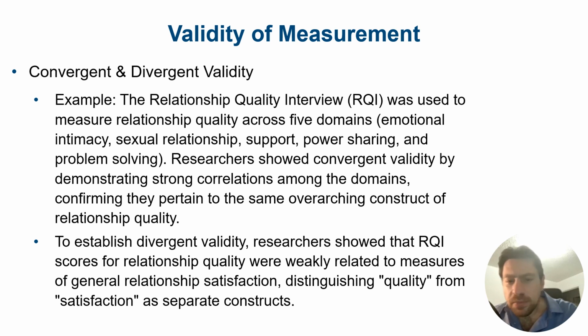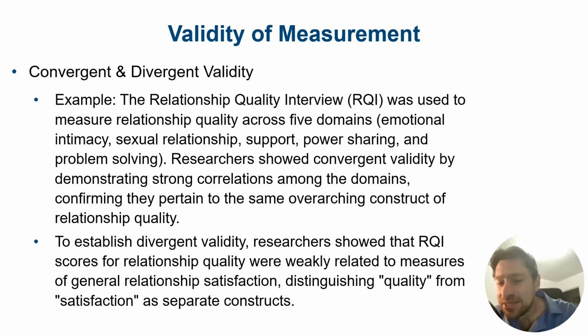Conversely, to establish divergent validity, it was shown that the RQI scores do not correlate, or correlate weakly, with measures of relationship satisfaction. Because satisfaction and quality are considered two different constructs.